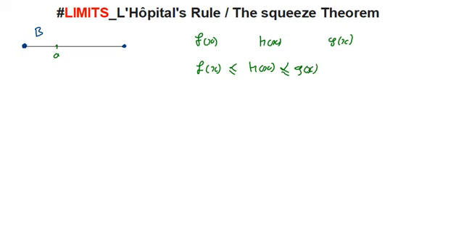Suppose the limit as x approaches a of f of x is equal to some letter l. Suppose the limit as x approaches a of g of x also equals l.